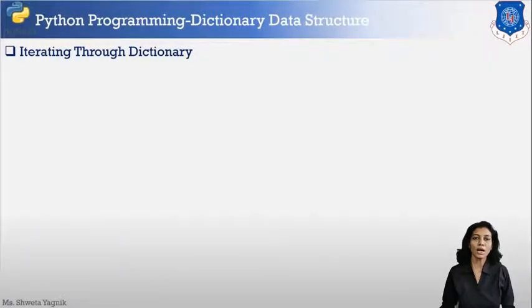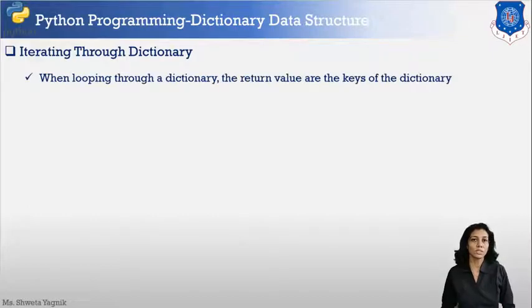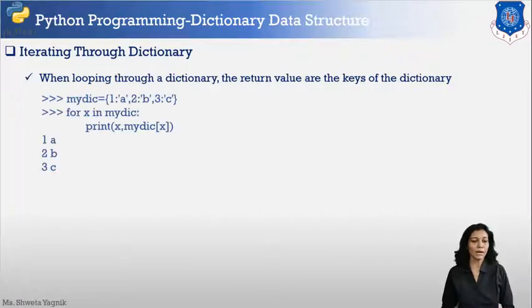So now we will see how to iterate over a dictionary. When we iterate through a dictionary, it will return a key. So in a given example, my dic is a dictionary which is having 1, 2 and 3 as keys and corresponding values are given. So for X in my dic, X will represent a key one by one when we iterate over a dictionary.